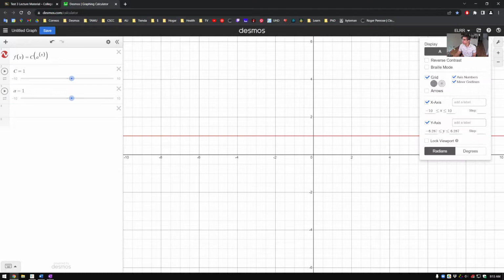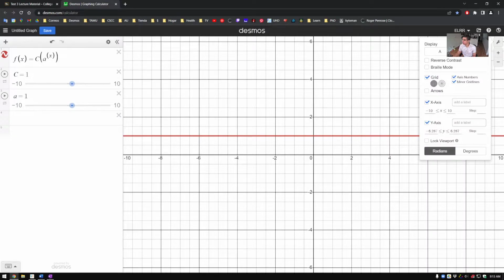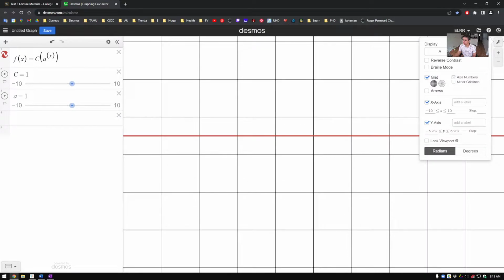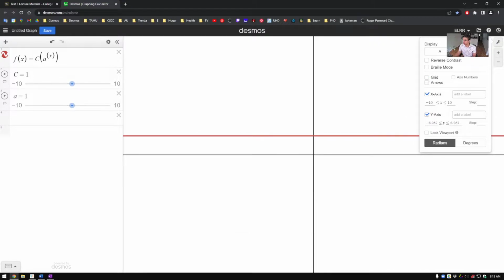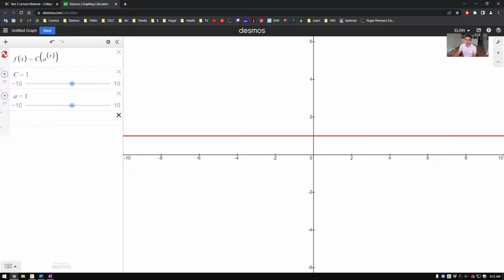So I'm selecting the value for C, just equal to 1, for the moment. And I have here the value of the base equal to 1.